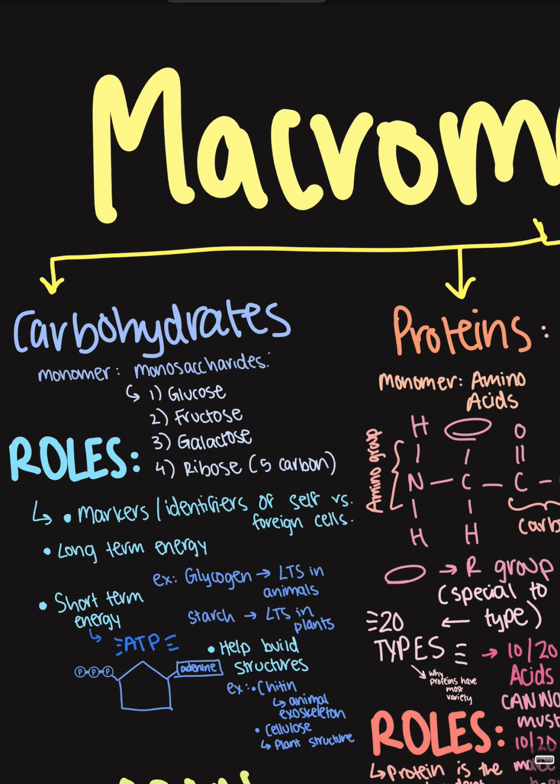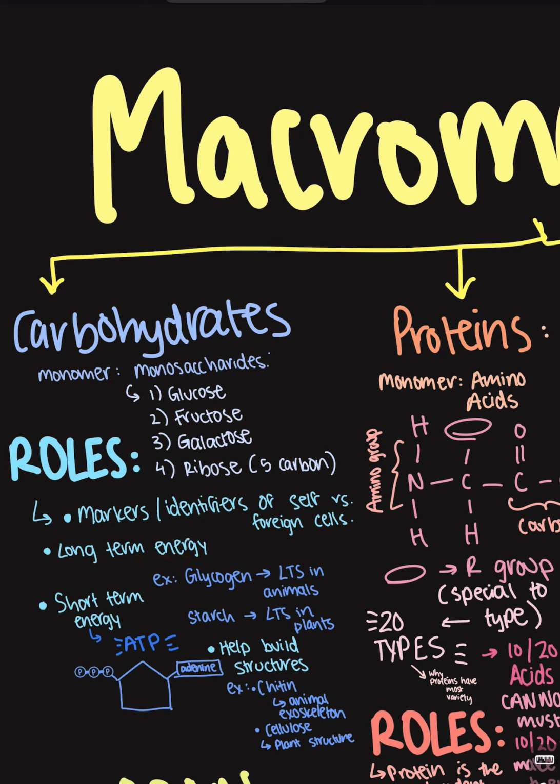So the unique roles of carbohydrates are, one, that they act as markers or identifiers in the cell to recognize self cells versus foreign cells. So it'll know whether it's a body cell or a foreign cell, something from outside.